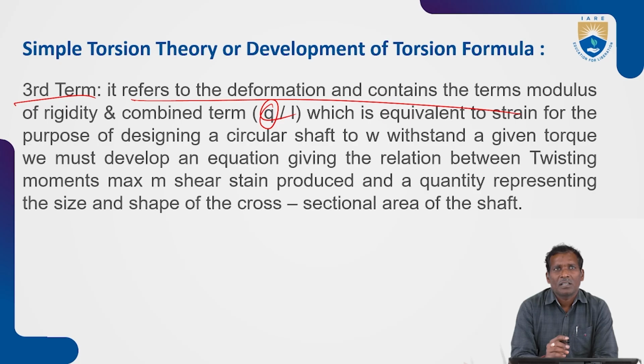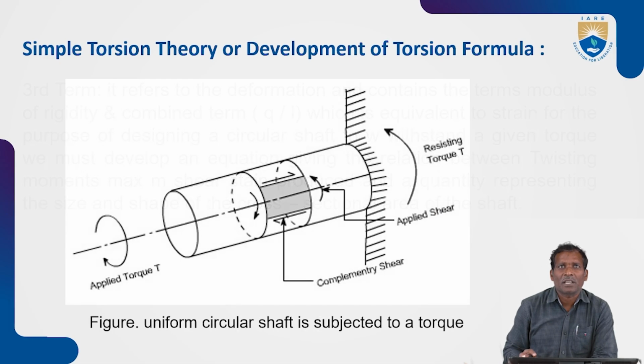For the purpose of designing a circular shaft to withstand a given torque, we must develop an equation giving the relationship between twisting moment, that is maximum shear stress produced, and a quantity representing the size and shape of the cross-sectional area of the shaft.